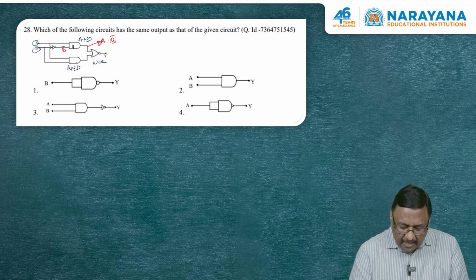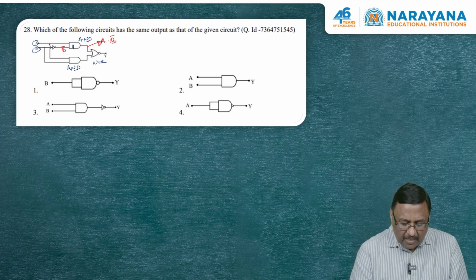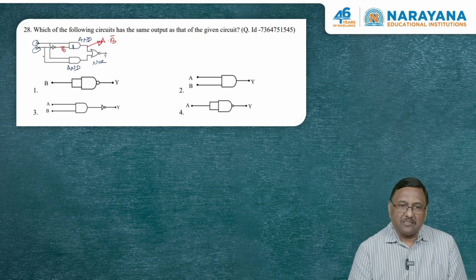Similarly, in the second AND gate, the inputs A and B are coming as they are.